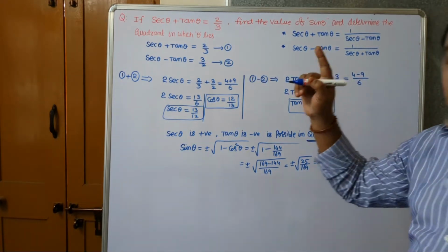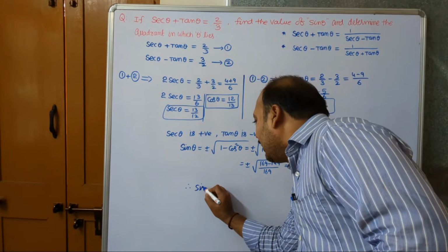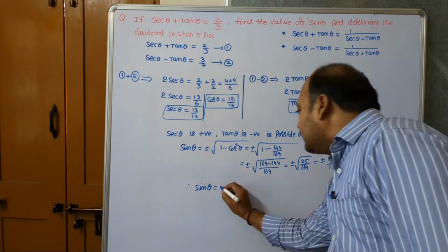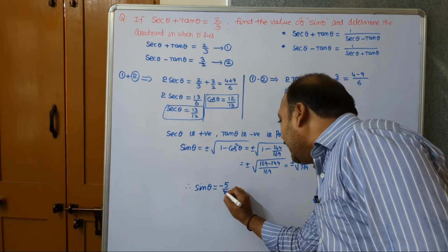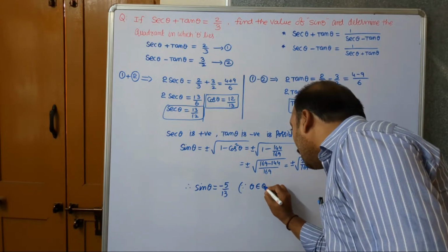In quadrant 4 sin theta is negative, therefore sin theta is equal to, among plus or minus, we are taking minus 5 by 13, since theta belongs to Q4.